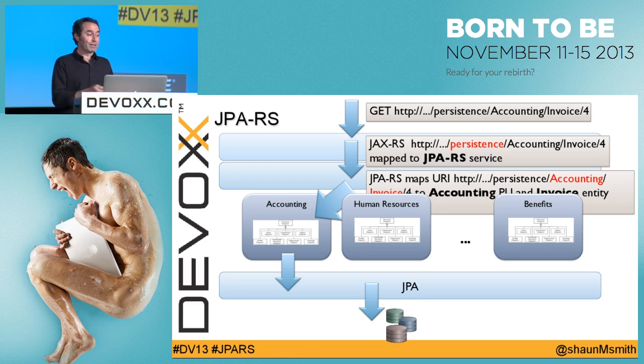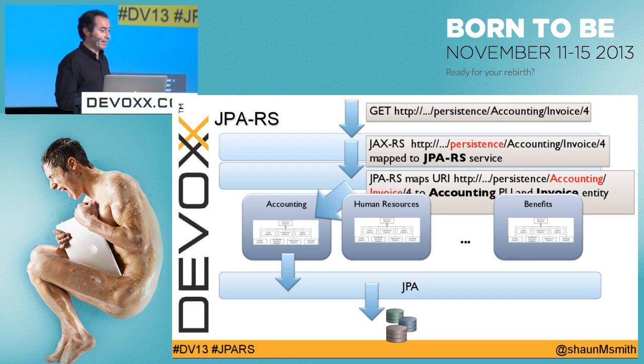We look at invoice and say, oh, they want to operate on an invoice entity, and if they're doing a get, they're looking for number 4. So we do the find, like you saw before in code, for you, and then send it back across the wire. It gets marshaled up using the mapping model that we came up with.